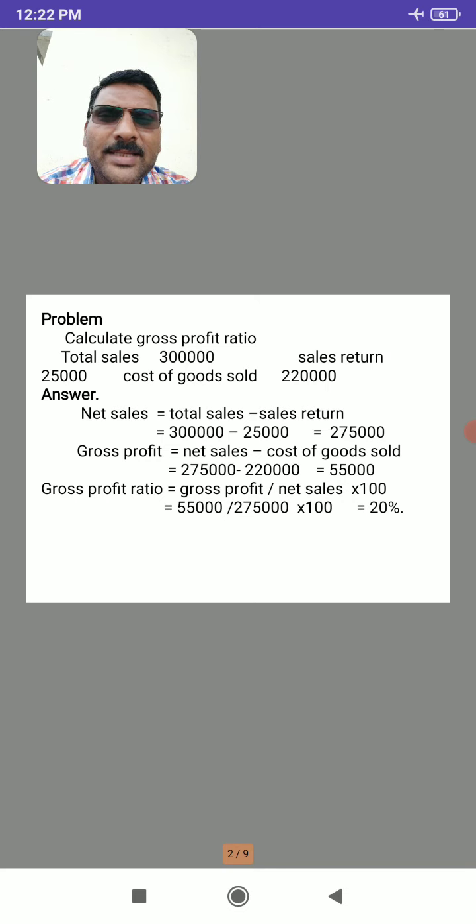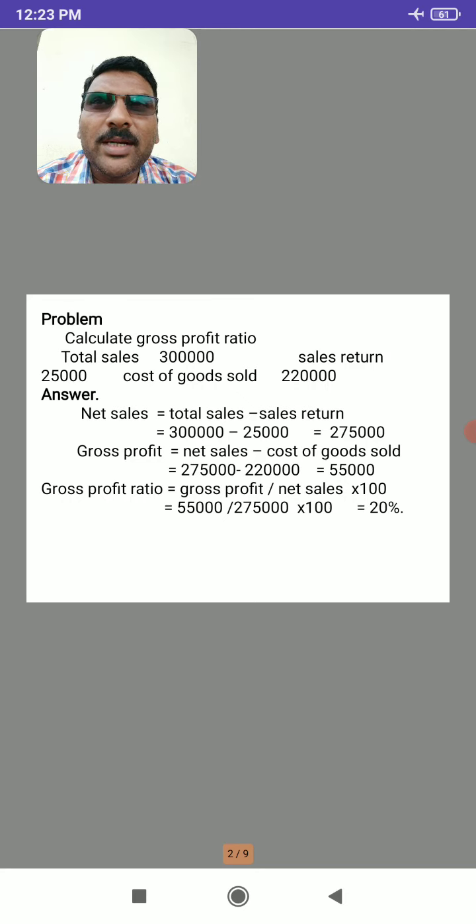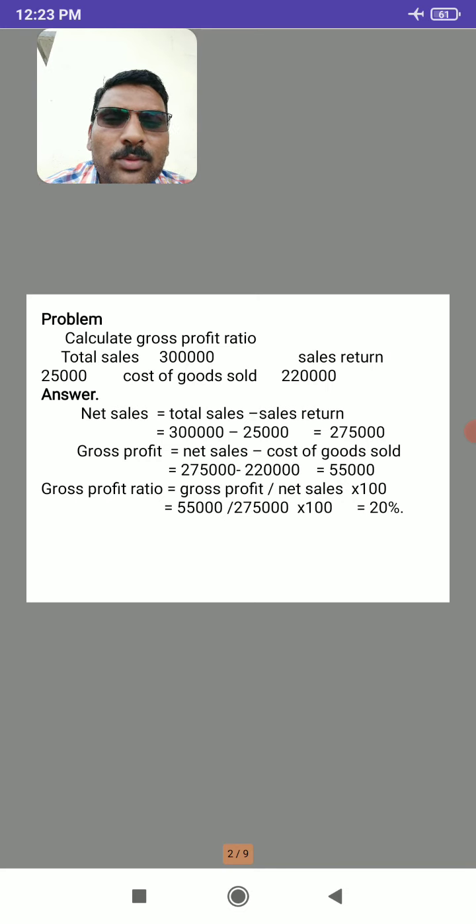After getting net sales, now it is time to calculate the gross profit. Already in the last class we have seen how to calculate the gross profit. Gross profit is nothing but the difference between net sales and cost of goods sold.